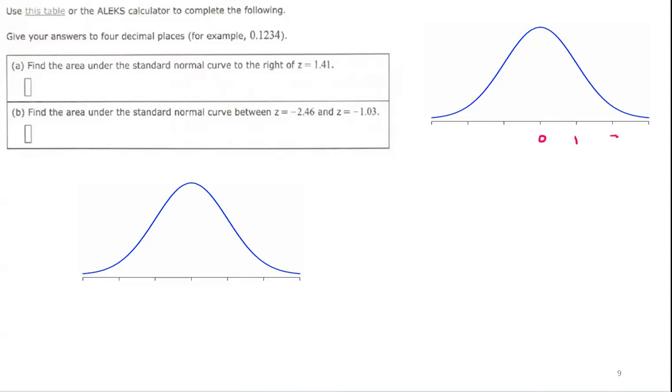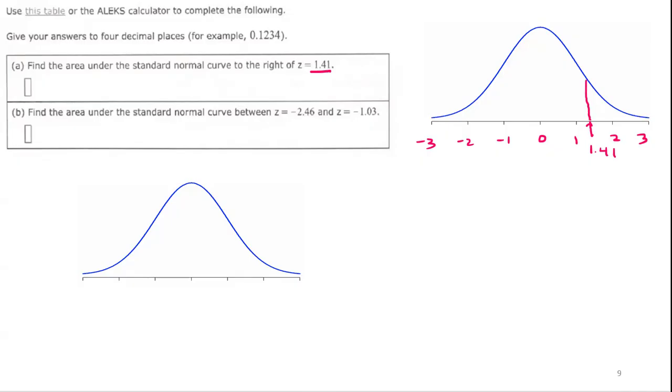Then you have 1, 2, 3 to the right, and to the left will be the opposite: -1, -2, and -3. Okay. And we want 1.41. So that's going to be between 1 and 2, so probably halfway, or just a little below half. So this is going to be 1.41.